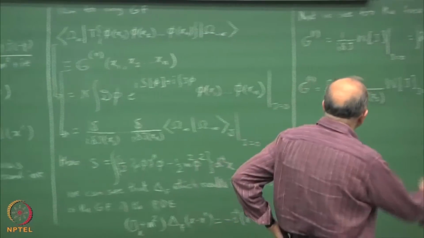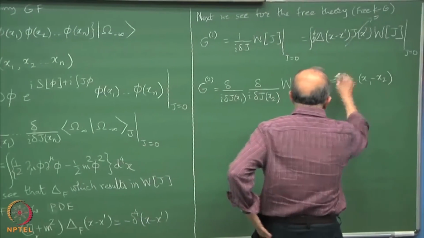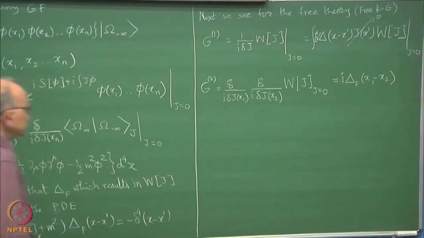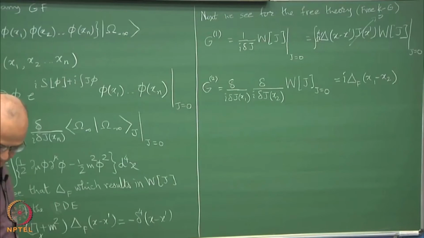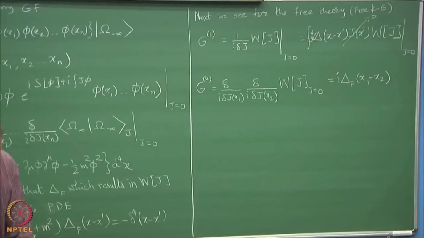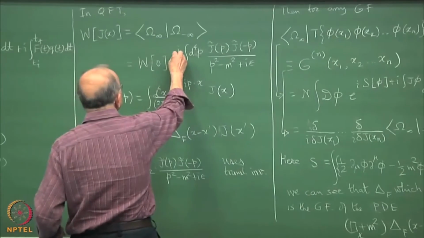Okay. And there is a minus sign in the exponent, right? So that is why there is no minus sign. Yeah, there is this minus sign.